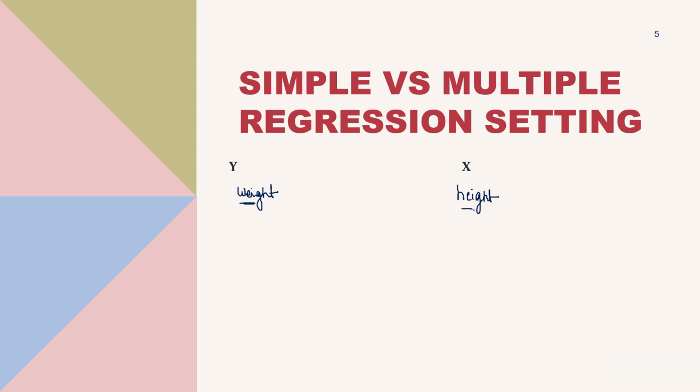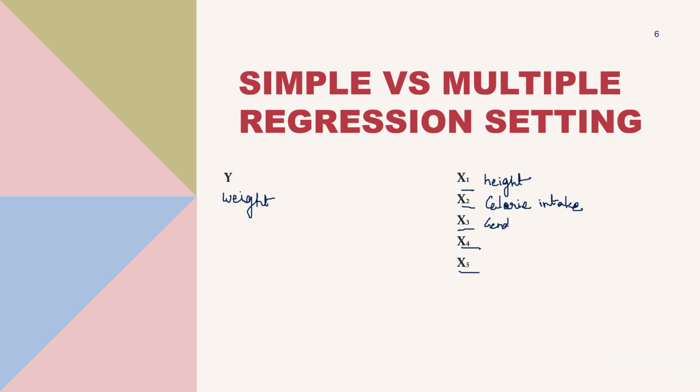Similarly, if I'm using more than one x variable, like x1, x2, x3, x4, x5 and so on, okay, then it will be multiple regression setting. That means if we want to predict weight on the basis of height, calorie intake, gender, and many other factors, say suppose stress score.